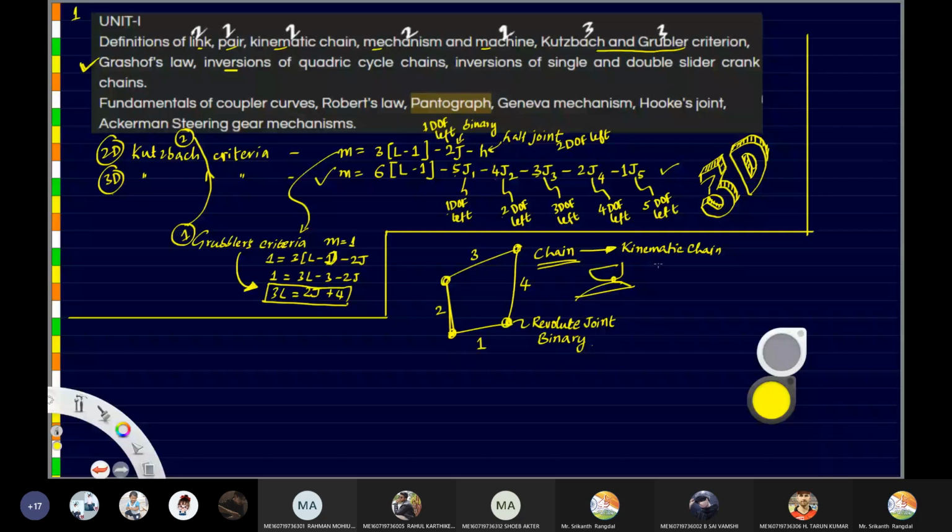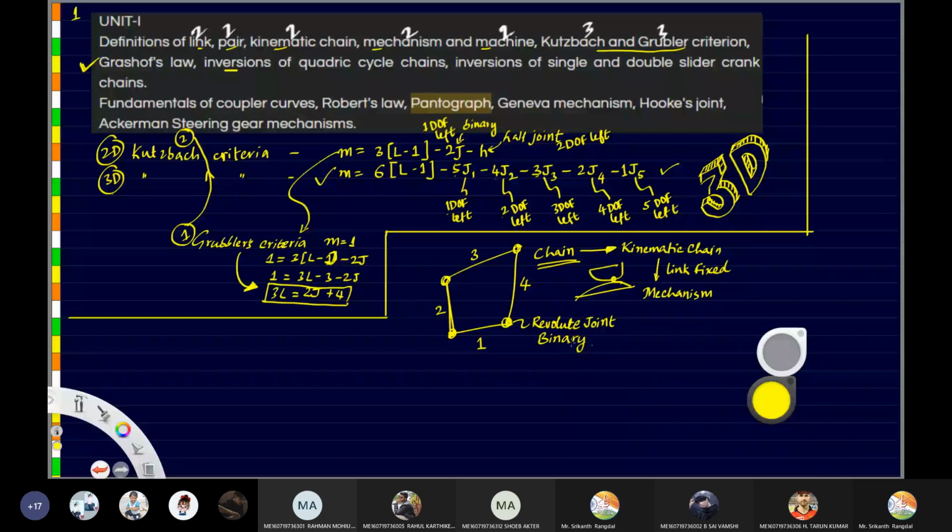And when one link is fixed, if we take a kinematic chain and fix one of the links, then what do we get? Yeah, we get a mechanism.